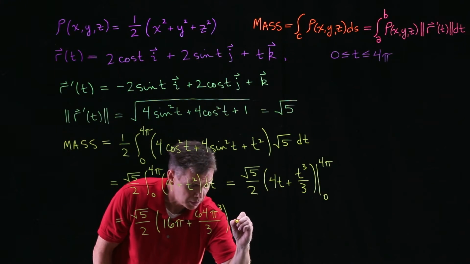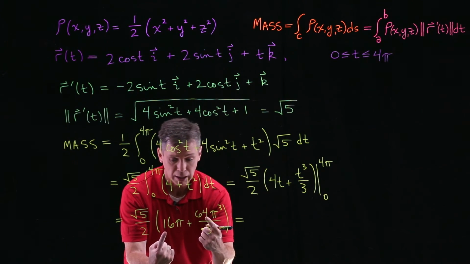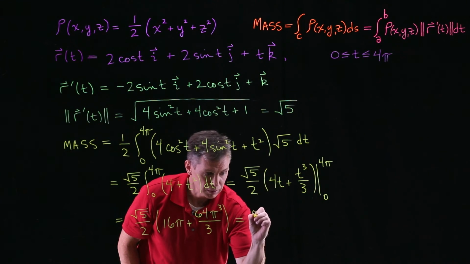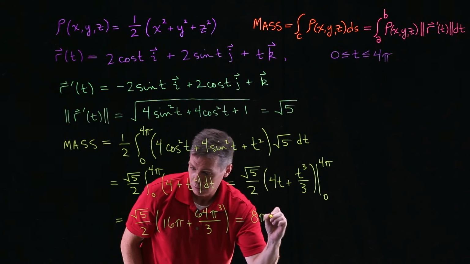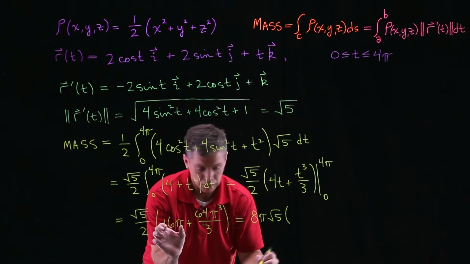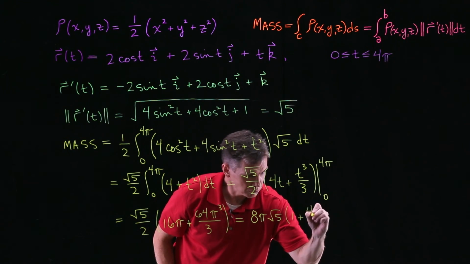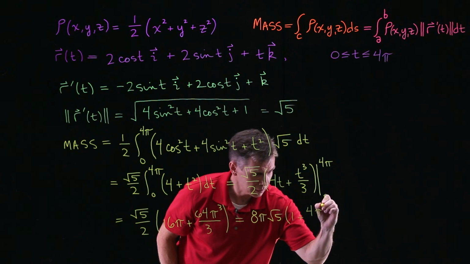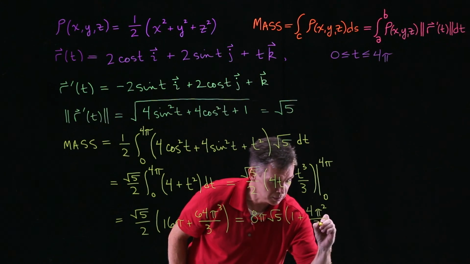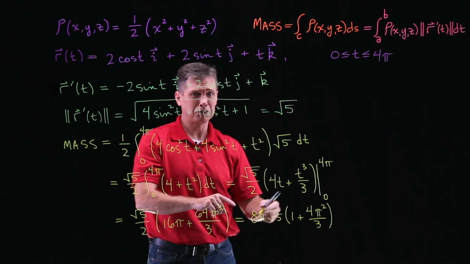I think I'm good there. I might clean it up just a little bit. If I factor out a 16 pi, it would come out nicely. Divide with the 2, and I'd be looking at 8 pi times the square root of 5. And if I pulled out a 16 pi, that's just a 1 inside plus 4 pi squared. It's cubed, I pulled one out, and then divide by 3 in parentheses. And that's our answer. That's the total mass of this spring.